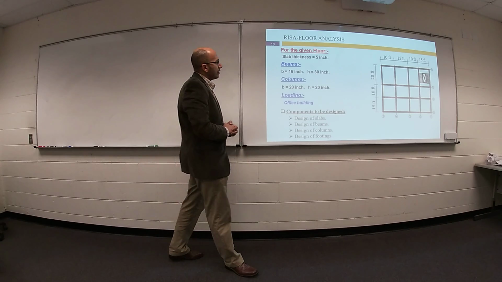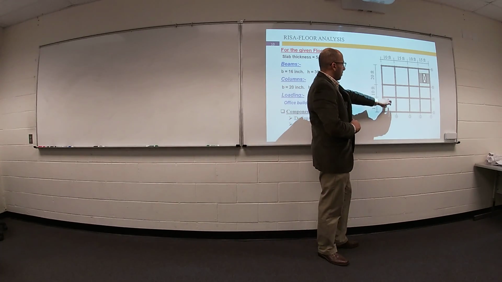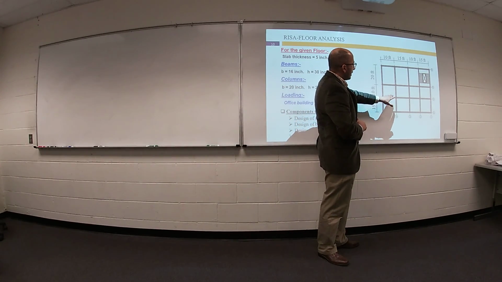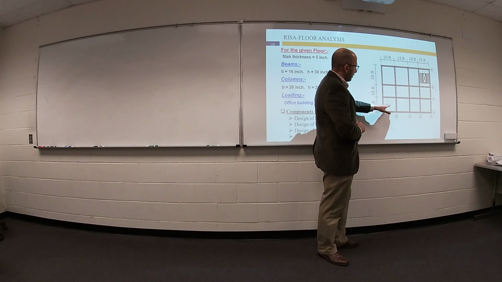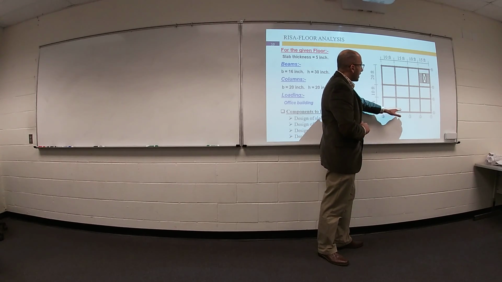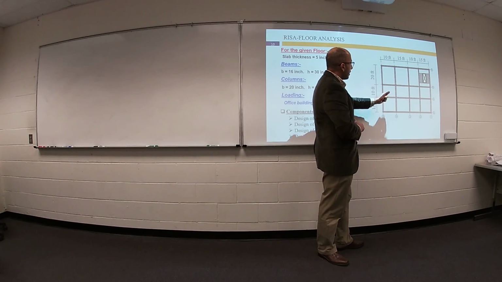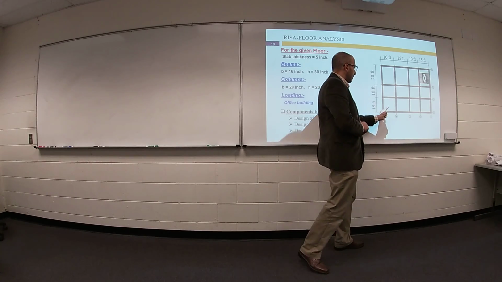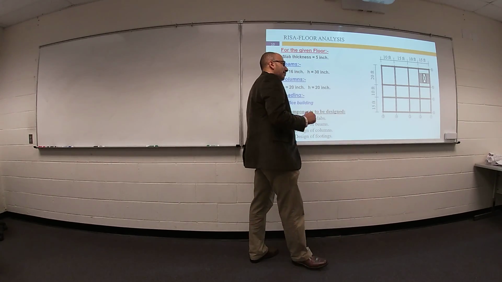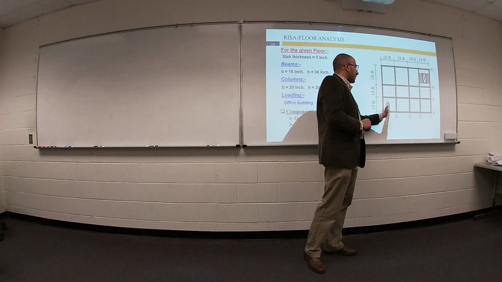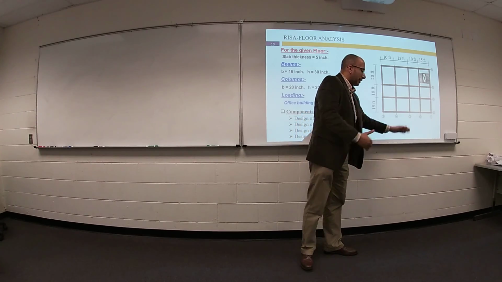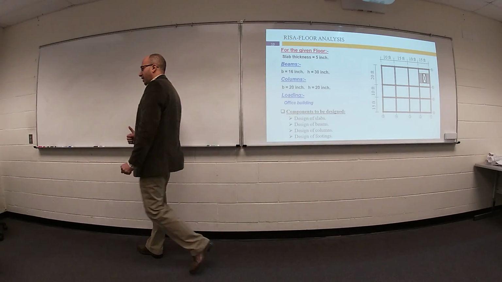Solid slab means each panel of slab has 4 beams on each side and 4 columns. So the main system for this floor: your slab rests on your beam and your beam rests on your column.